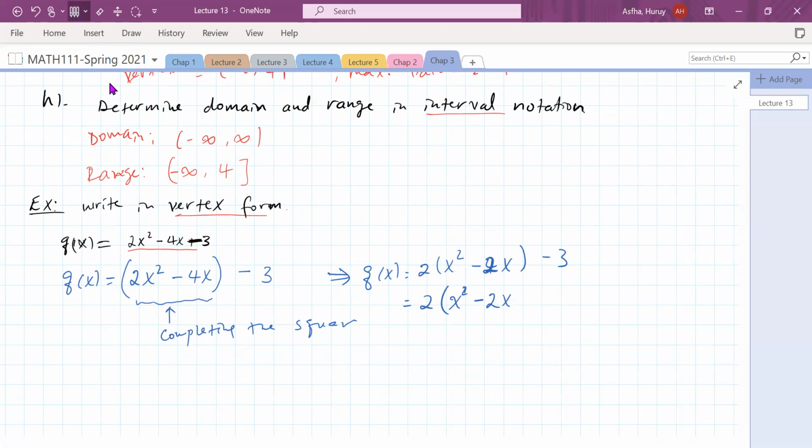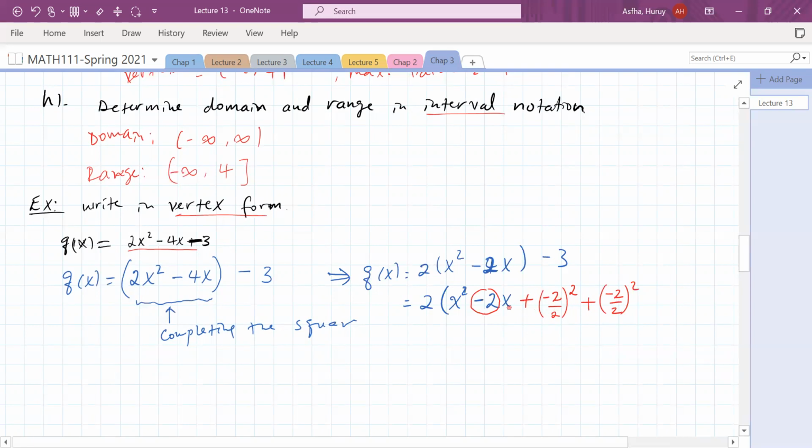We add half of this coefficient, negative 2 over 2, squared. And I have to subtract the same number. Obviously this is 1, but to make it general, I'm doing it step by step. I take half of negative 2, which is negative 2 over 2.